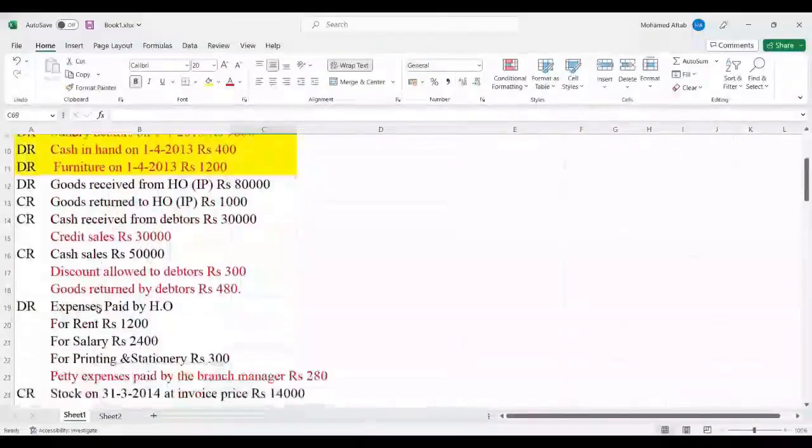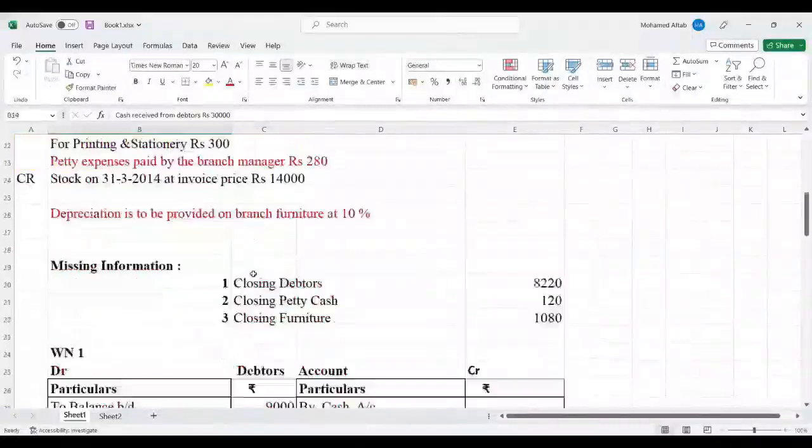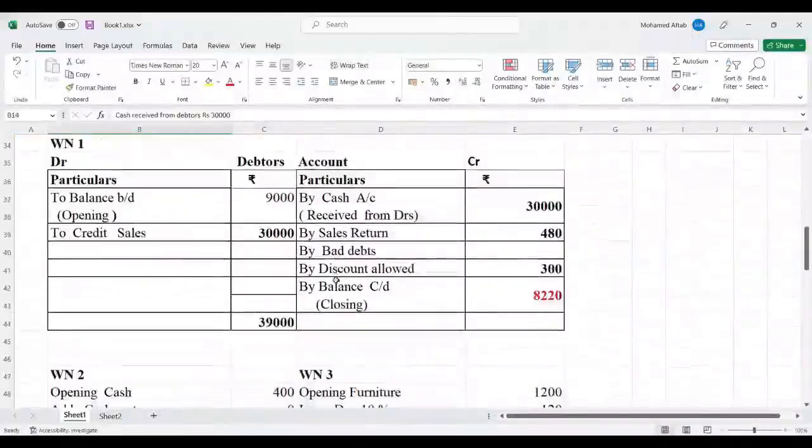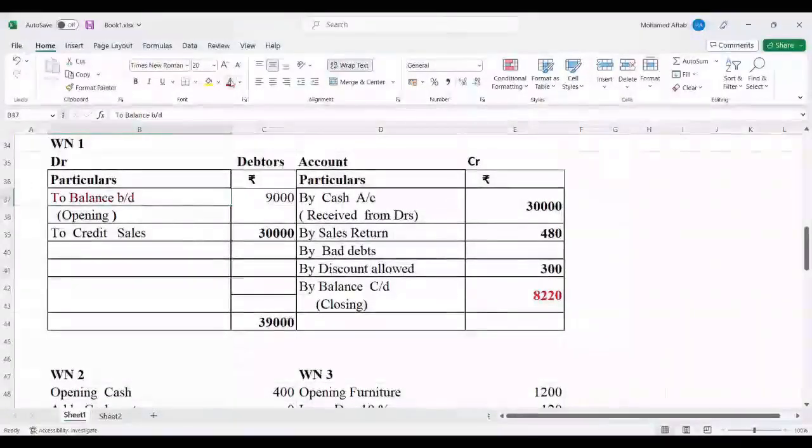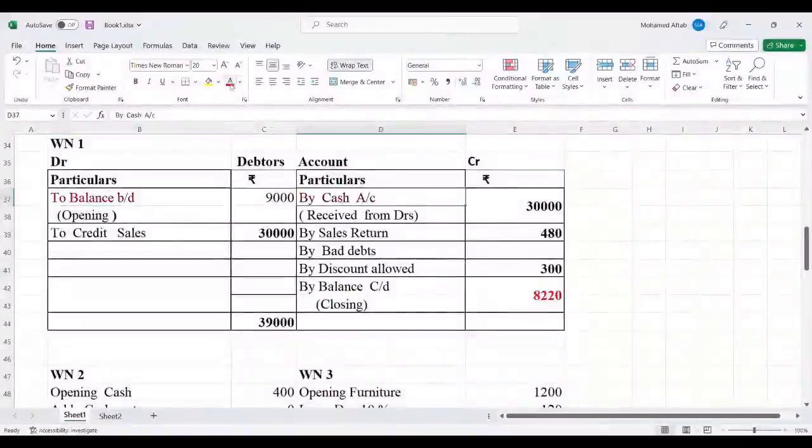Let us come to the credit side. Cash received from debtors. Always remember, from the debtors account 3 entries will be repeated in double entry in the branch account also. That is opening debtors, cash received from debtors, and closing debtors will come. Again these 3 entries will be repeated in the branch account.